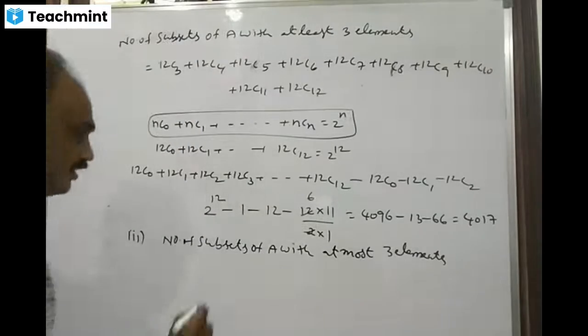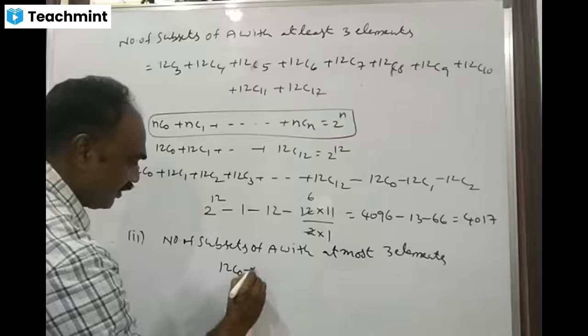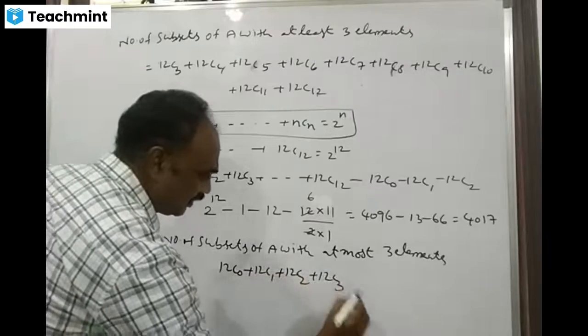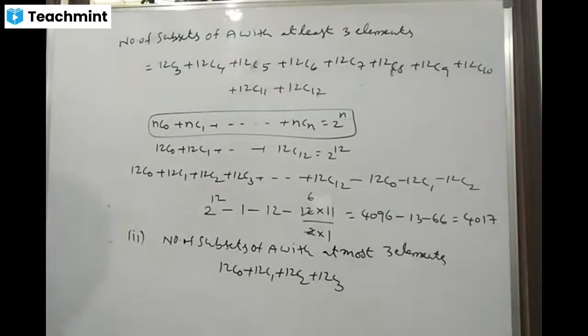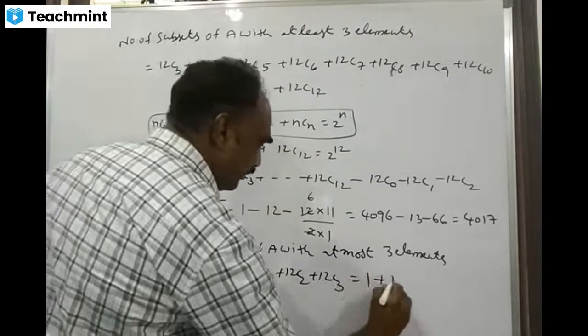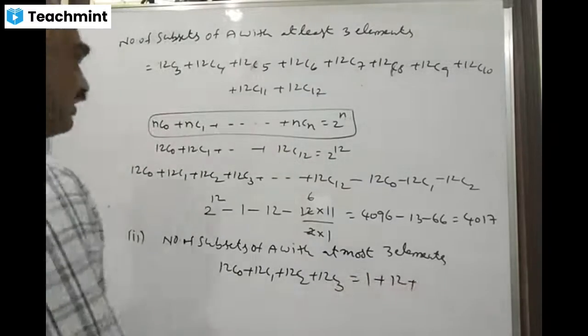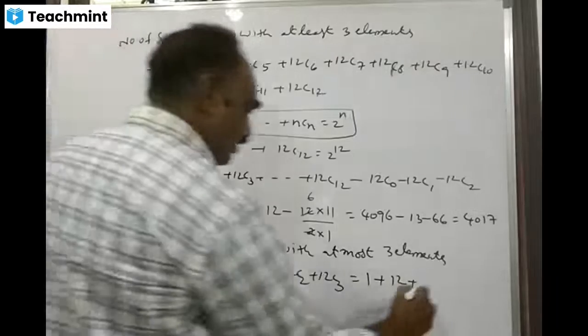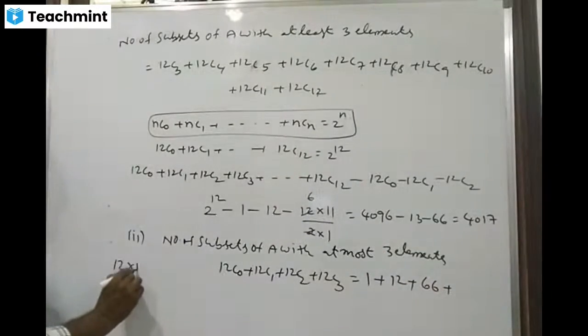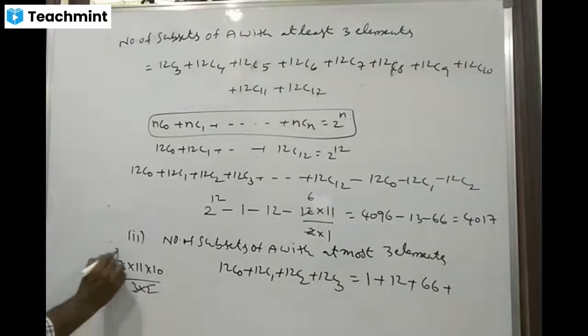At least 0 and at most 3, so 12C0 plus 12C1 plus 12C2 plus 12C3. 12C0 is 1, 12C1 is 12, 12C2 is 66, plus 12C3, which is 12 into 11 into 10 by 3 into 2, that is 220.